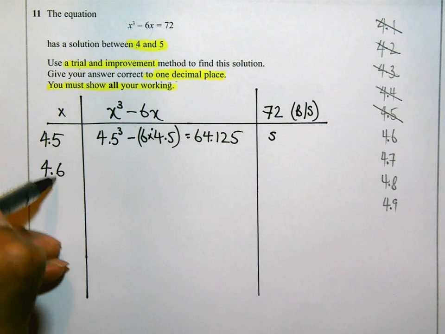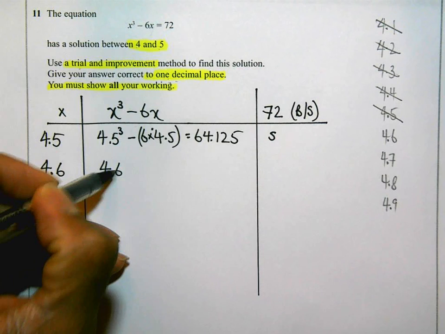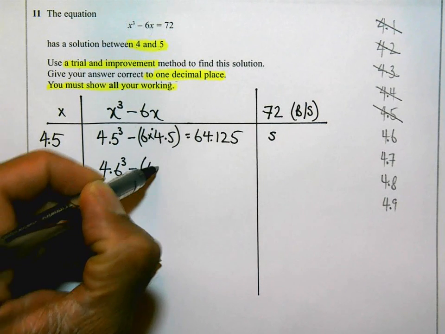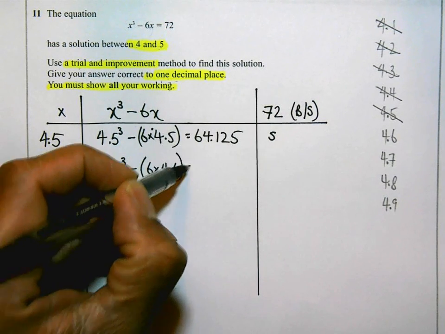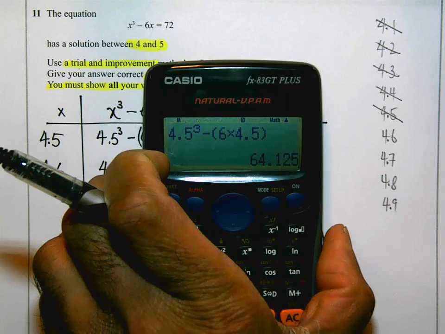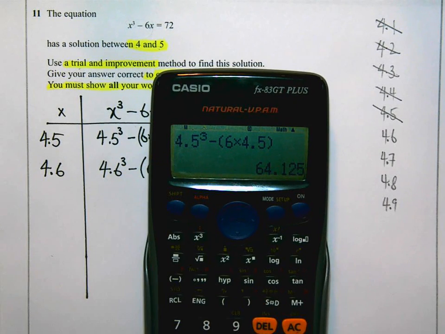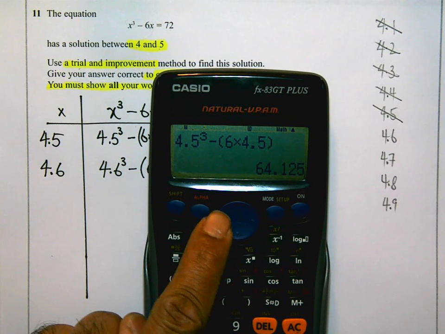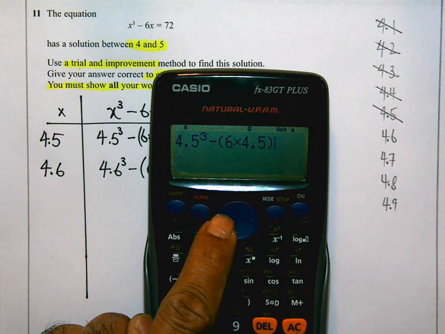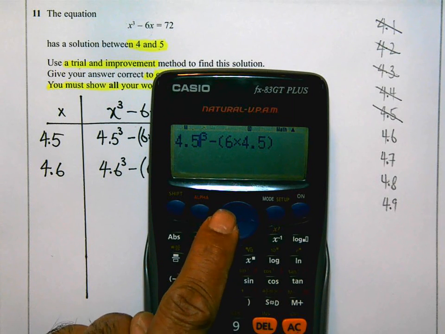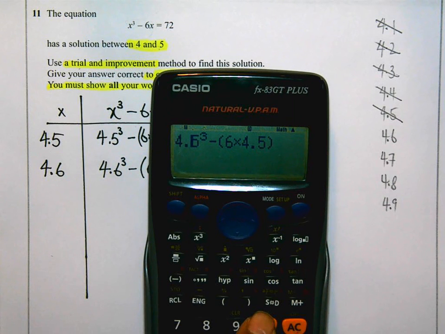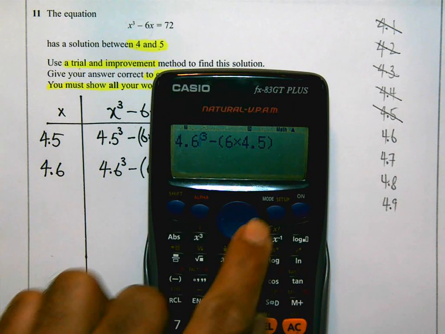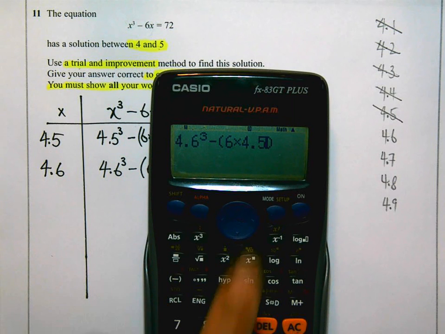So I'm going to work out 4.6 cubed, take away 6 times 4.6, and I'm going to put that into my calculator. However, instead of typing it all out again, I'm going to use the replay button. I'm going to press it backwards so you can see that I'm moving the cursor along, delete that 6, and then go across to this side and delete that 5 and turn that to 6.